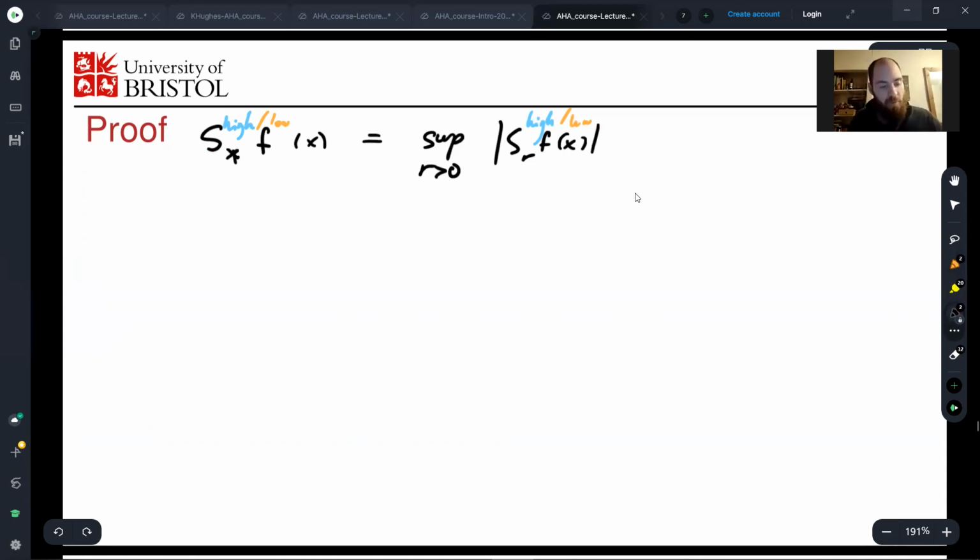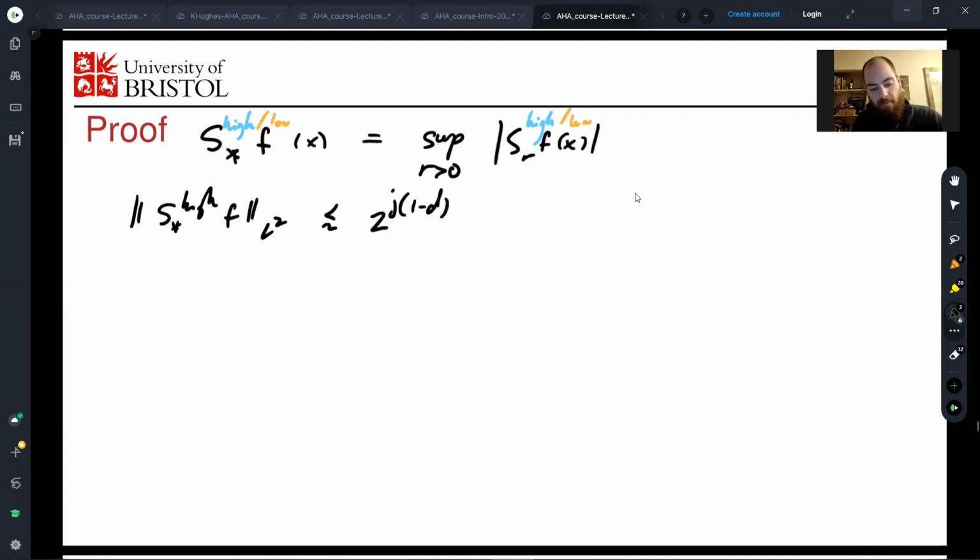Right, so before we proved two estimates. One on L2: we showed that the L2 norm of S star high of F was at most 2 to the J(1 minus d)/2 times the L2 norm of F. I'll call this 2, and I'll call the other one 1.